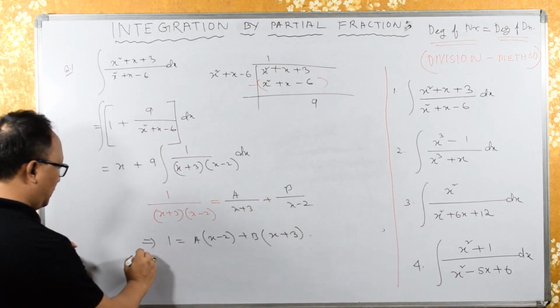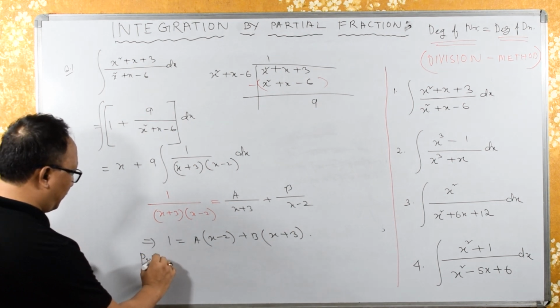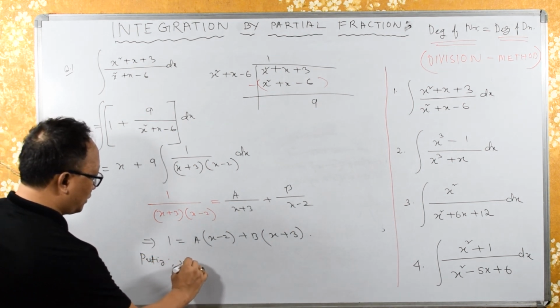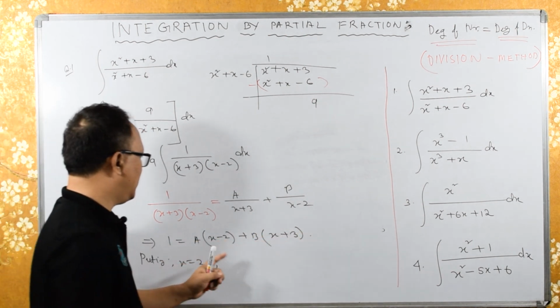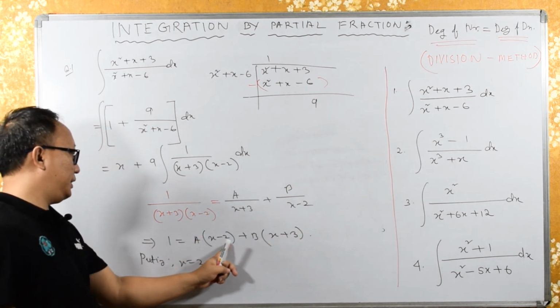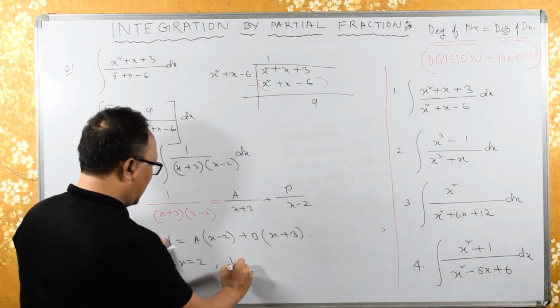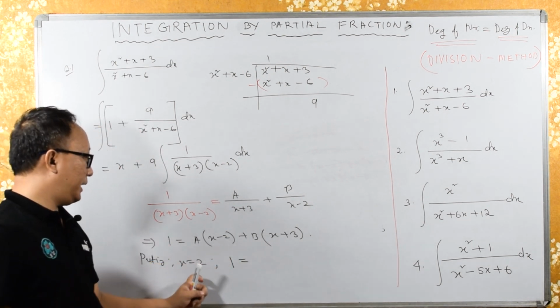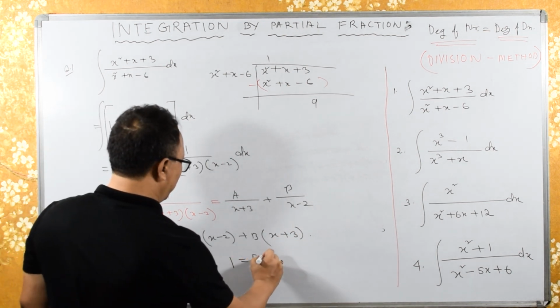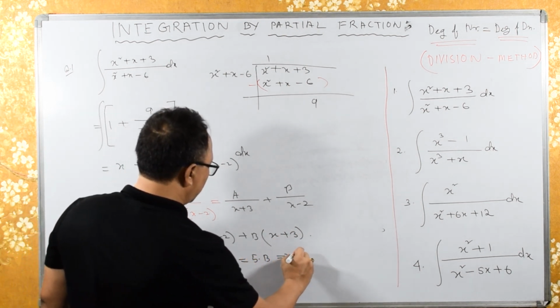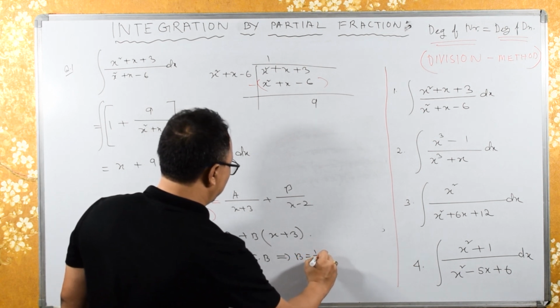Now if I put x equals 2 in this equation, the first term becomes 0. On the left hand side I have 1, and on the right hand side, 2 plus 3 is 5, so 5 into b. This implies b equals 1 by 5.